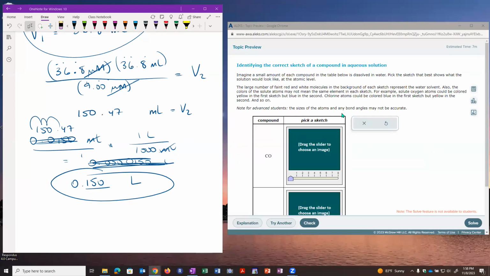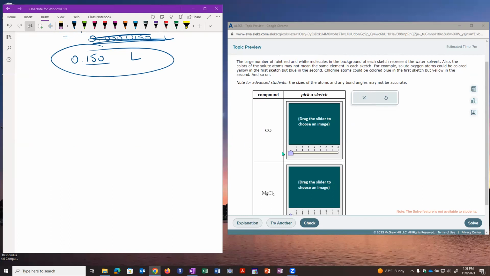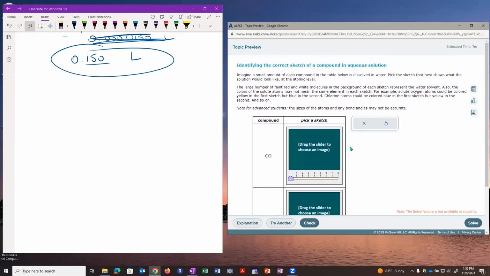All right, so in this one, we need to identify the correct sketch of a compound in aqueous solution. And it says you need to move the slider across to try to identify which of these would be the best representation of when a solution of this particular compound actually forms. So the first thing that we need to figure out in questions like these is whether the compound is ionic or covalent.